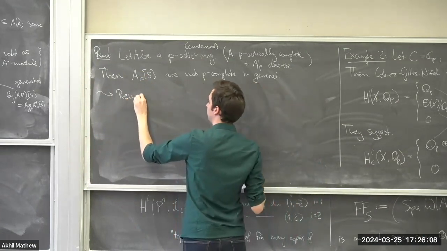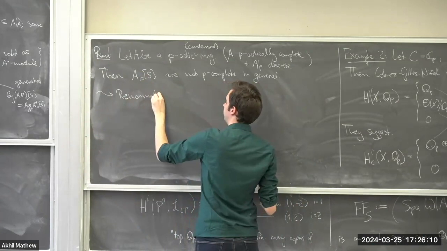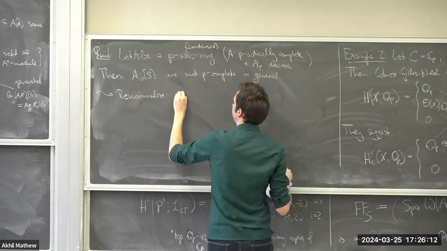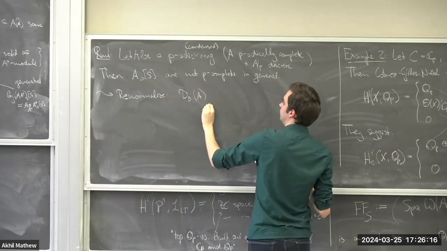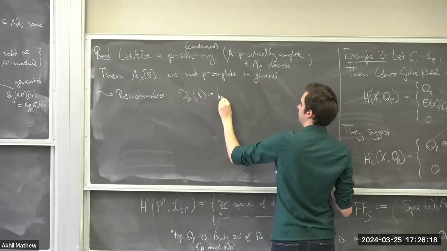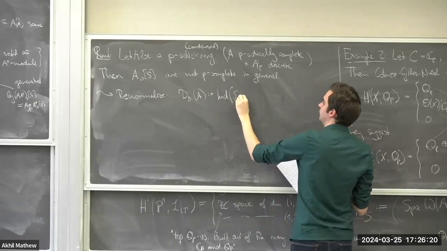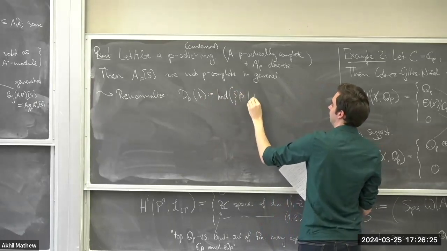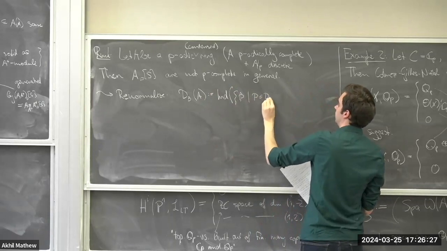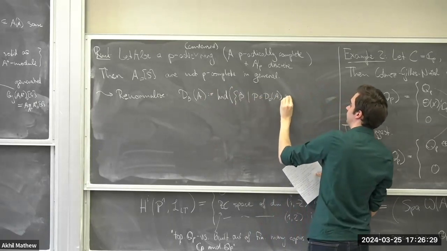So we renormalize by saying I now define this category D solid hat A, which I just define as the ind category of the category given by the p-adic completions of the compact objects in these solid.